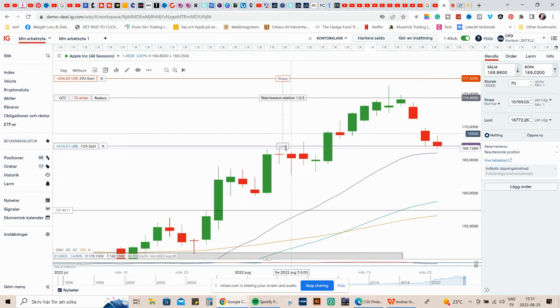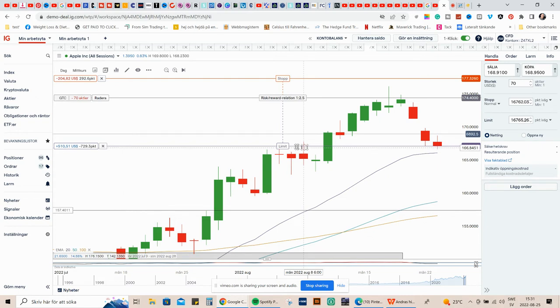And if you want to go for 2.5 or 3 or 4 times your risk, you really need to look at the candlestick bars from a price action point of view, looking for where the resistance levels and support levels are, so you're able to set your profit levels correctly. So in this case, 2.5 is a good choice here because I saw this.